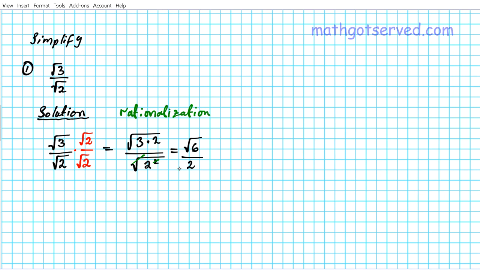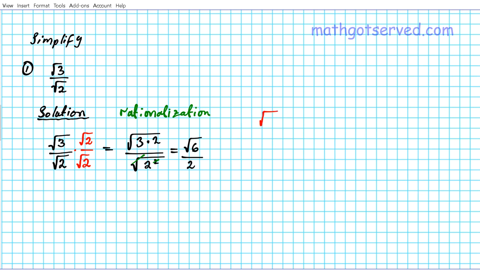Now, after rationalization, always check your numerator to see if it can be simplified. Simplifying the numerator just involves taking out perfect squares, dividing out perfect square factors, and rooting them. All right, so let's see if we can simplify the numerator.